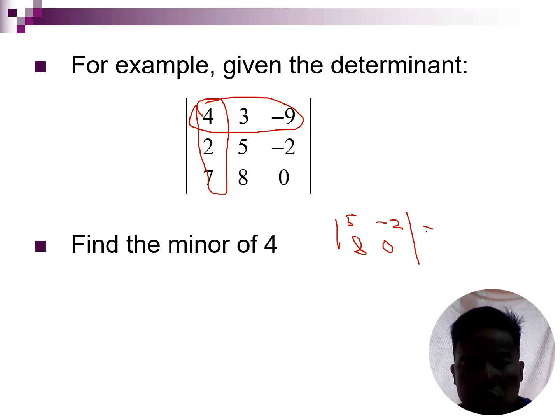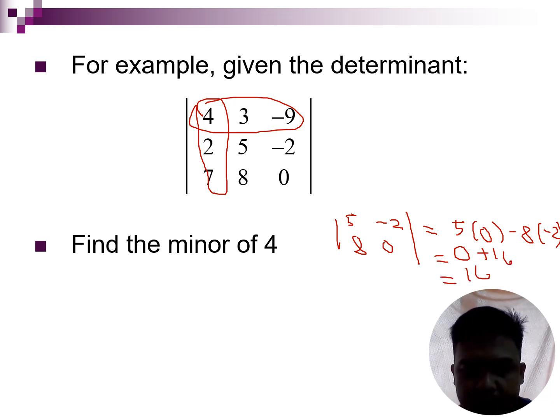So we have 5 times 0 minus 8 times negative 2. So we have 0 and positive 16, which means the minor of 4 is 16.